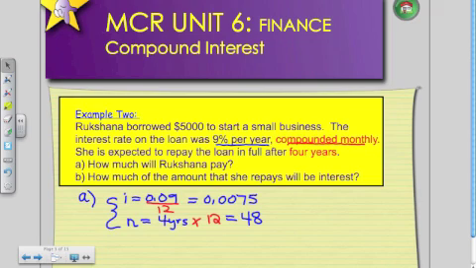And now we can plug this into the simple form of our formula. So A is going to be equal to P times 1 plus I to the power of N. Let's see if I can extend this for a second.